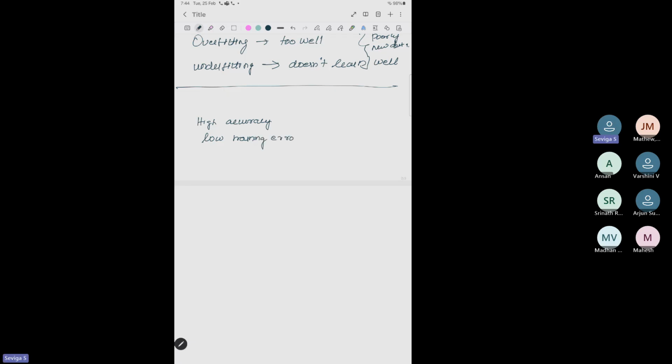Our training is good, we have low training error, we have highly accurate results. But what didn't happen is that our generalization error is low. Sorry, our generalization error is high, and our generalization accuracy is low.